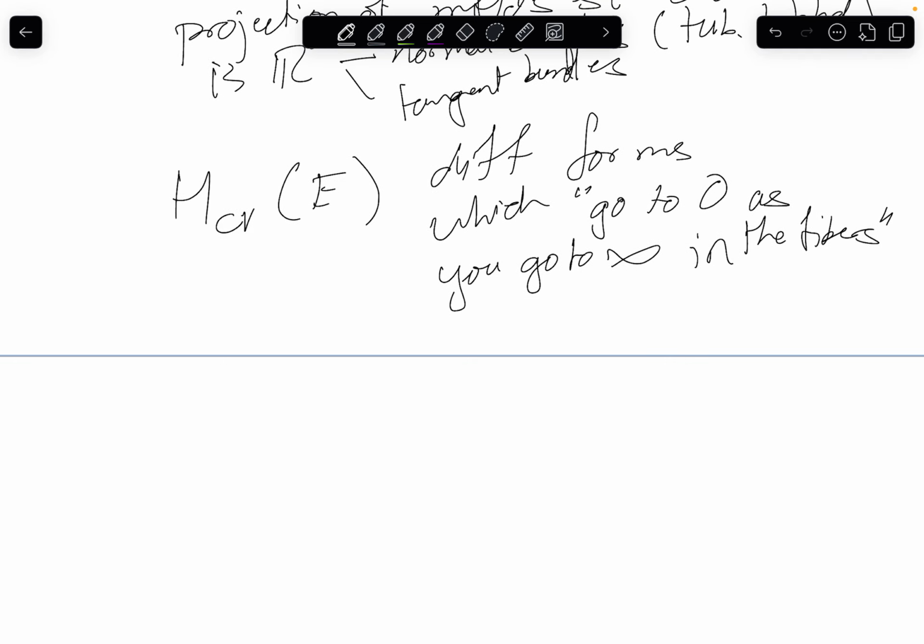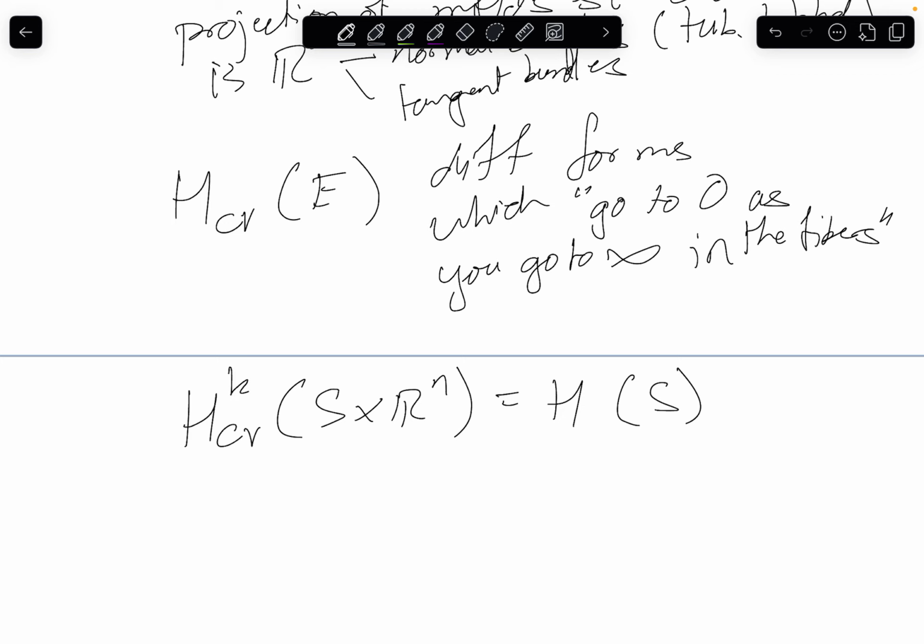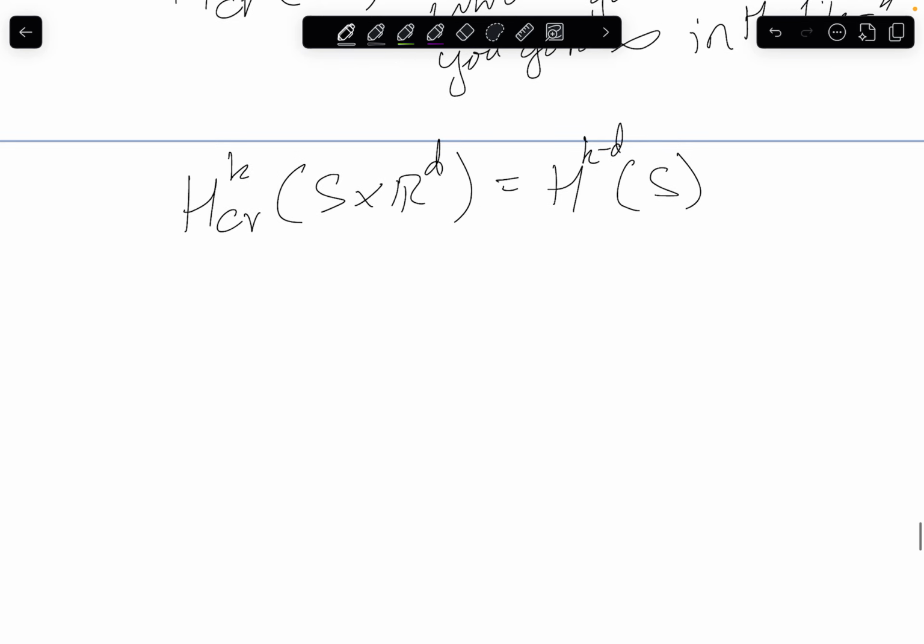So what we've shown here is that cohomology with compact vertical supports of S cross R^D, in degree K, is equal to the normal cohomology of S in degree K minus D. Should not use n here, say D. And so how do you do this?